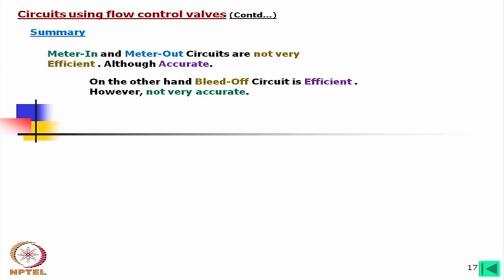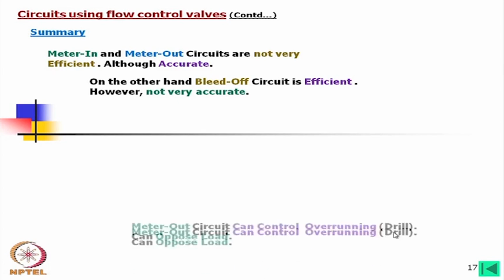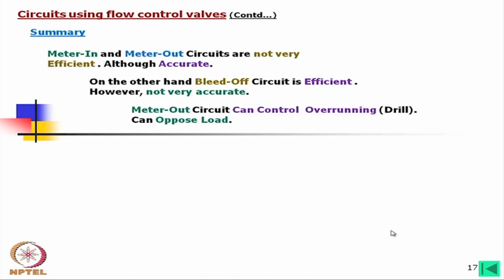We cannot have accurate control there. So we must think of specific applications. The meter out circuit can control overrunning, as in the case of a drill, and can oppose loads, as I explained a little bit.